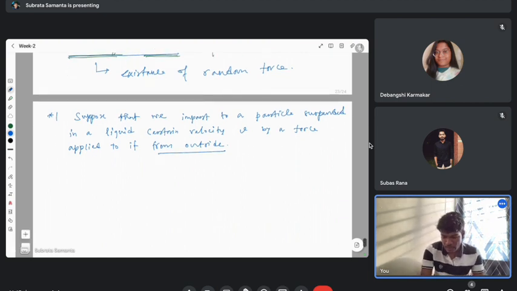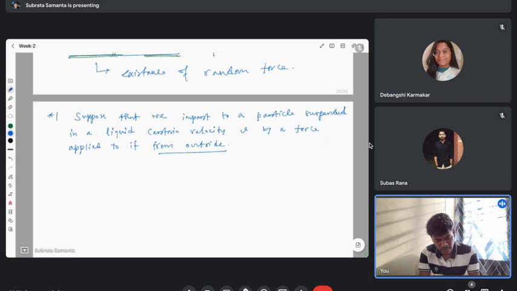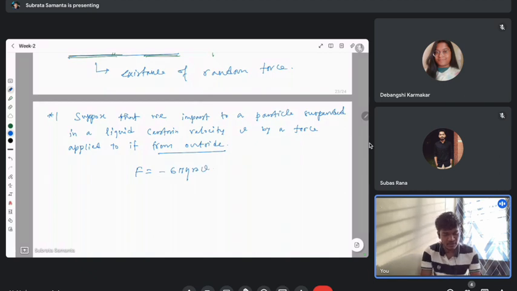And this velocity dies out rapidly due to the friction of the liquid. When you put the particle in the liquid, due to the friction of the liquid, this velocity dies out rapidly. This is Stokes' law: F equals minus 6 pi eta r v, where v is the velocity and this is the drag force.